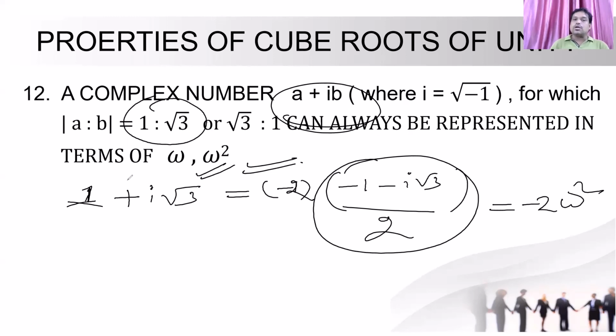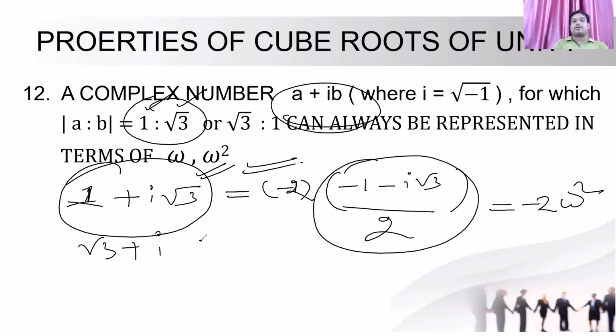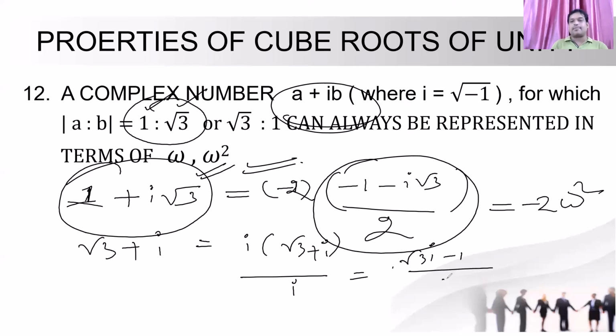So here the topic is this: if a and b are in 1 and root 3 form, 1 plus i root 3 or root 3 plus i, then what can I do? I multiply both sides by root 3 plus i and divide by i also. If I multiply in the numerator, then what happened? Root 3 i plus i square, that is minus 1, divided by i.